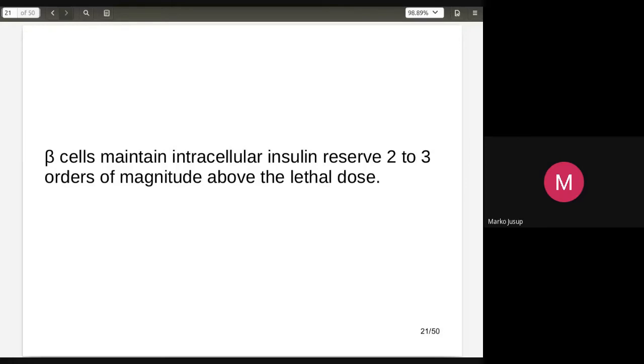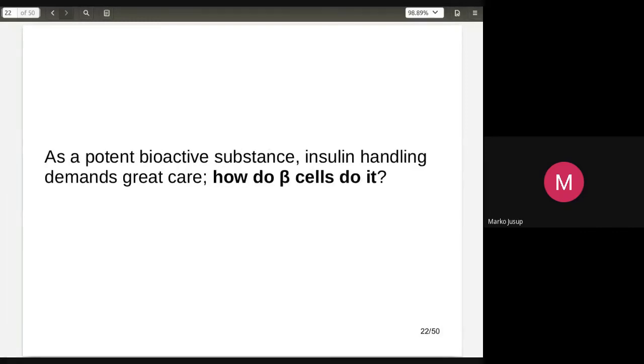So insulin is very powerful, and if not administered properly, very lethal. And for some reason, our beta cells have huge storage. They maintain huge amounts of insulin. And because it's such a potent, strong bioactive substance, handling it really demands precision and great care. What we really want to know is how beta cells do it.